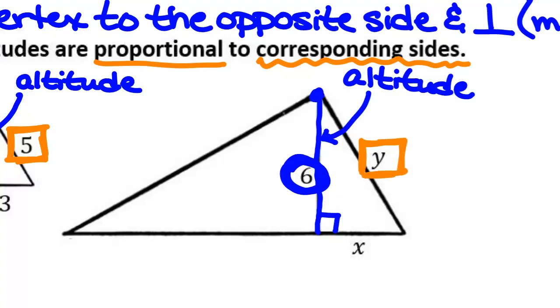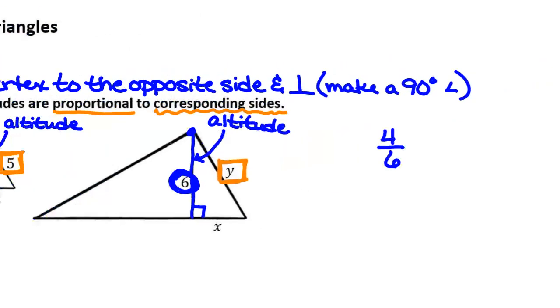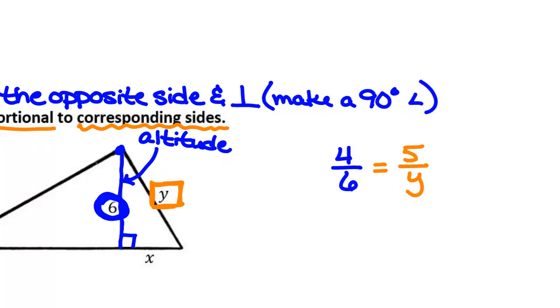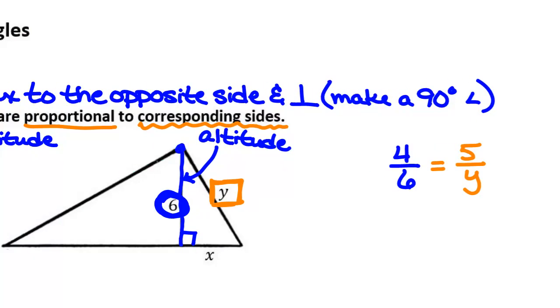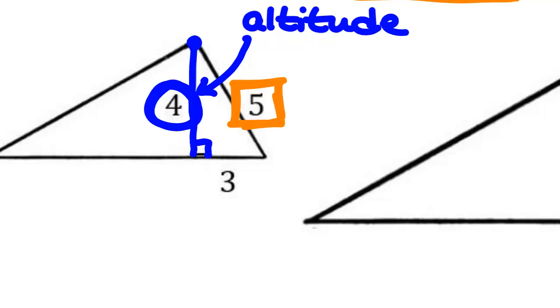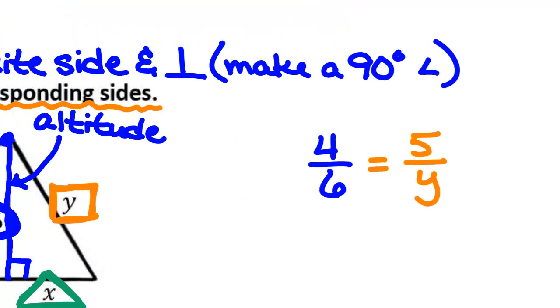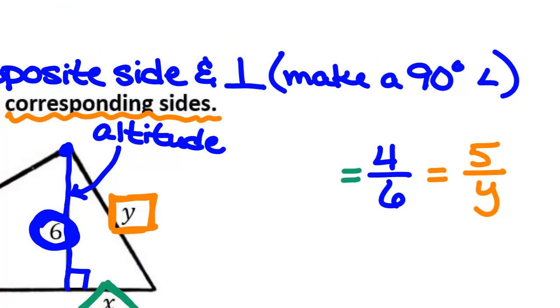Those would be corresponding sides. So I could make a fraction out of that, 5 over y, small triangle over big triangle. Or we could be looking at these pieces on the bottom down here, the 3 and the x. So 4 over 6 would also be equal to 3 over x.